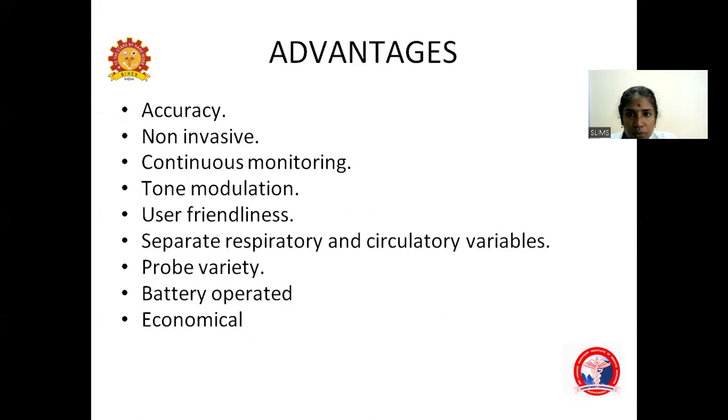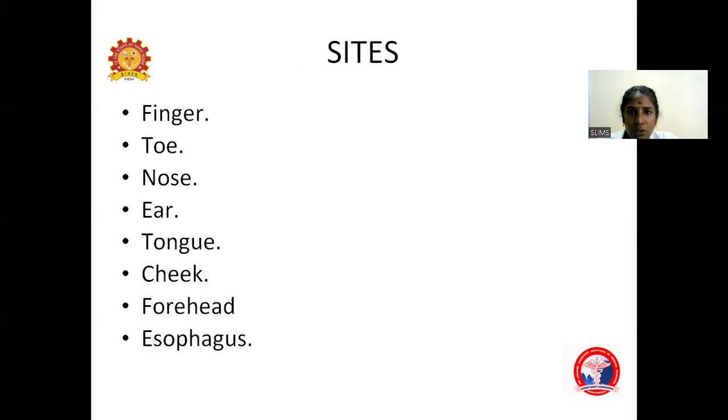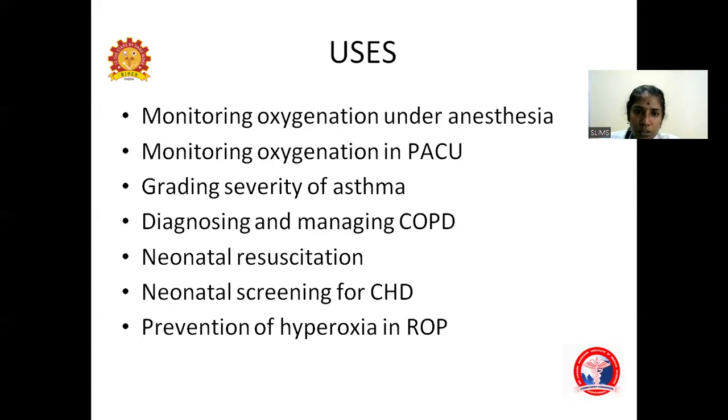So these are all the uses. We have covered the sites where we can place the pulse oximeter. Then the uses: the main thing is monitoring the oxygenation in various diseases where oxygenation to the tissue is compromised. In that case, how much the oxygen is compromised is graded using the pulse oximeter reading.